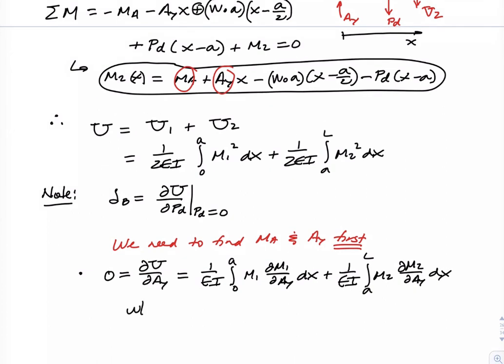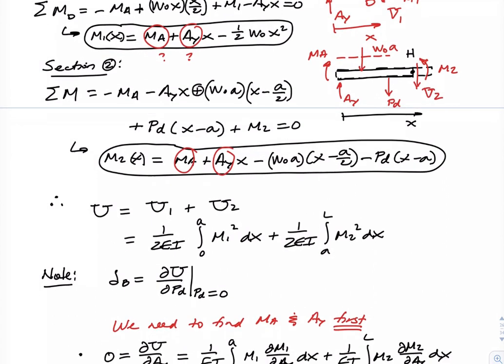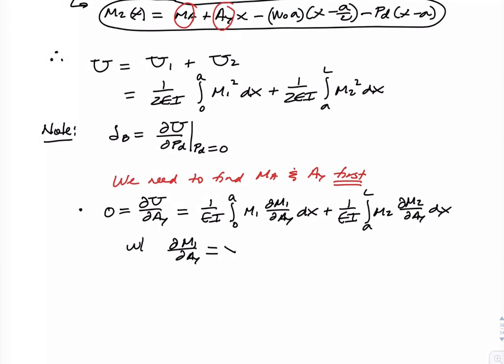So partial of M1 with respect to AY is simply an x. Partial of M2 with respect to AY is also x.